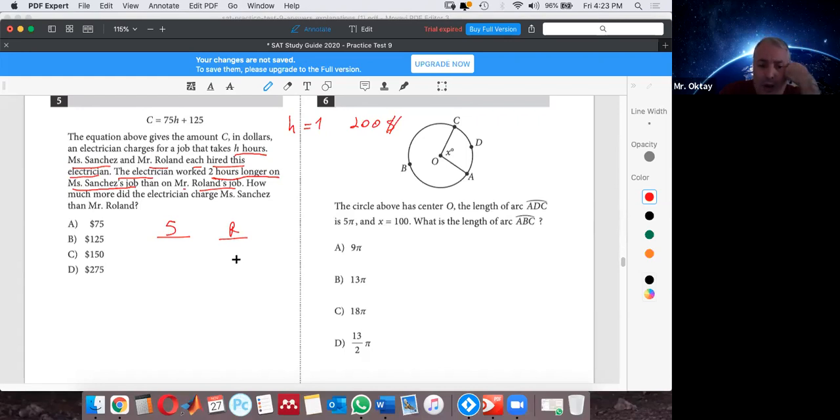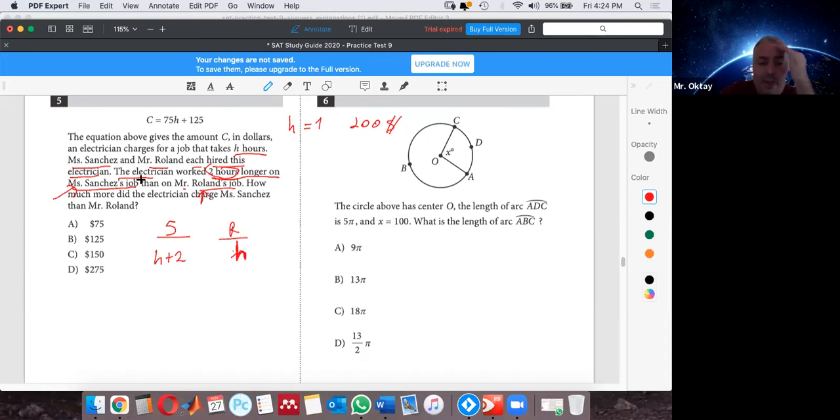But since the electrician worked 2 hours longer for this lady, when I compare with this guy, if this guy is H hours, this is H plus 2 hours. Is it okay or not? For example, if the man works 1 hour, the lady works 3 hours. Is that clear or not?